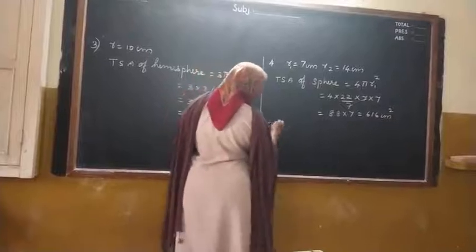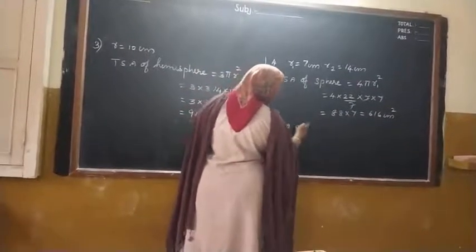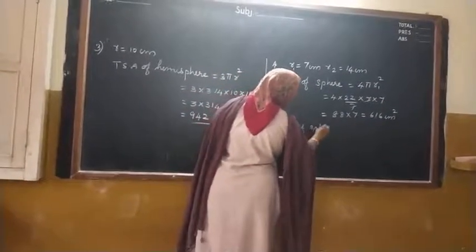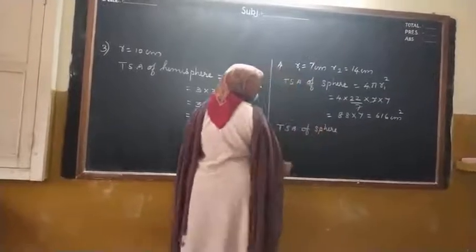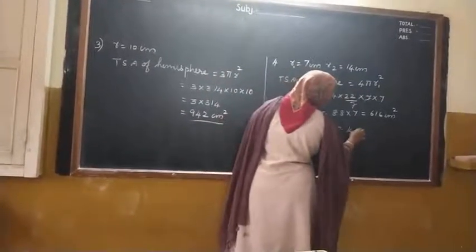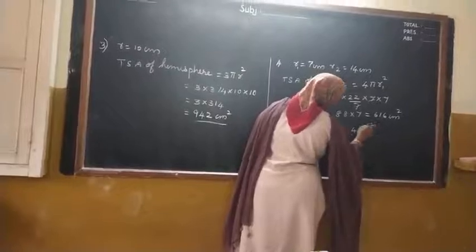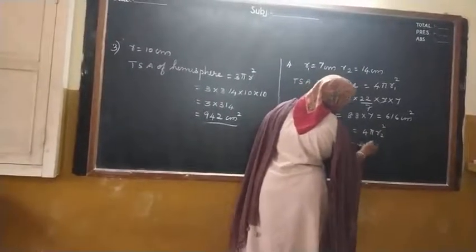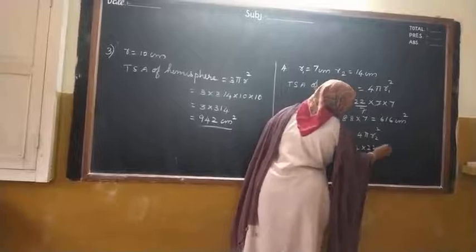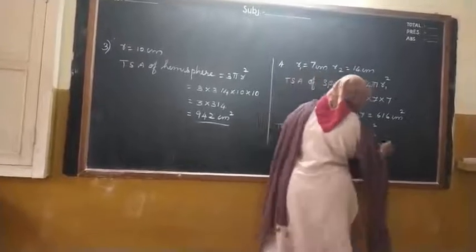Now total surface area of the sphere with radius R2, that is 4 pi R2 square, is equal to 4 into 22 by 7 into 14 into 14.